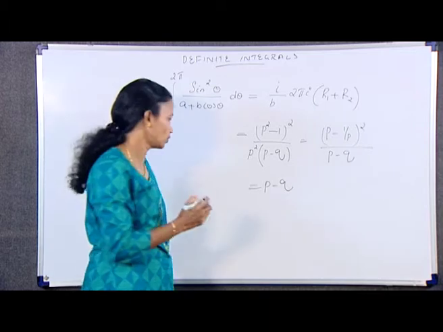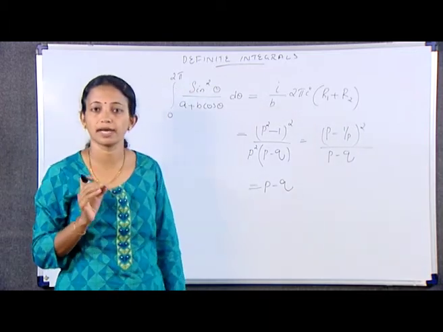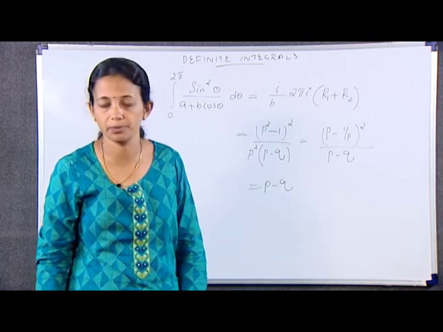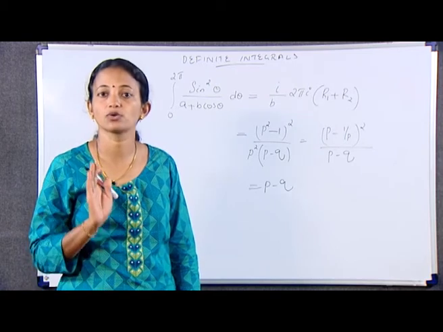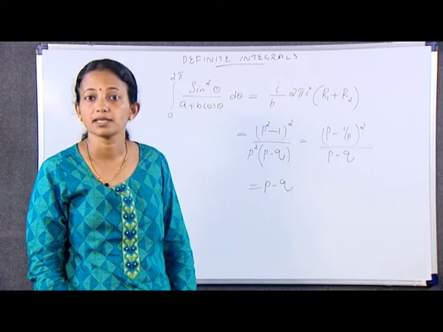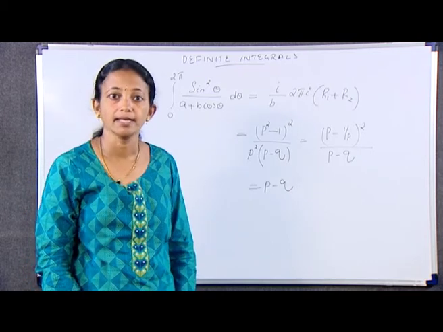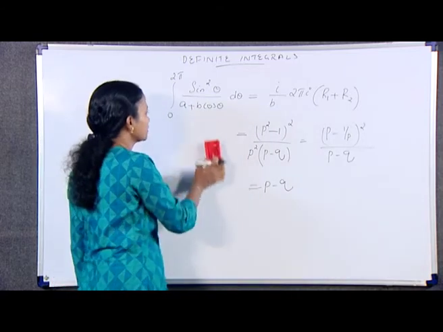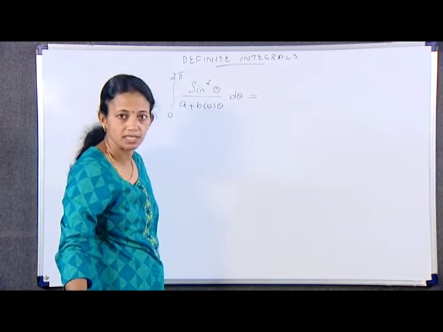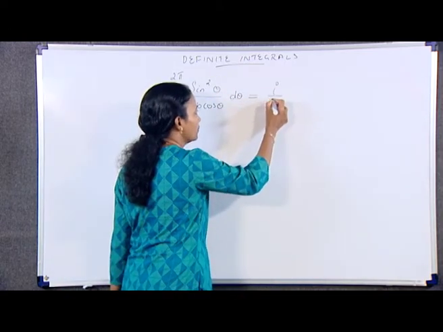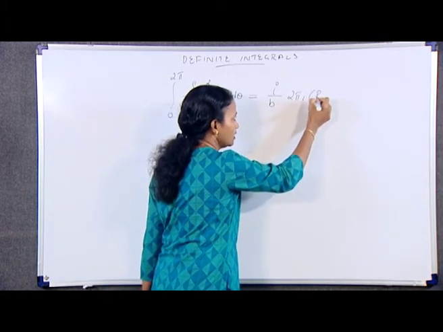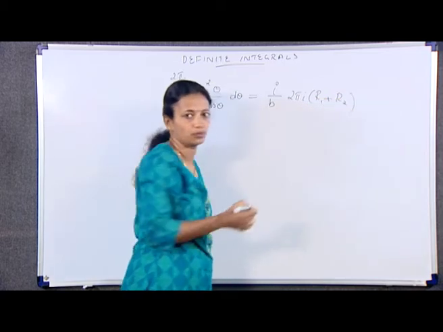The value is equal to p minus q, that is, square root of (p minus q) whole square minus 4pq, which is equal to square root of 4a square by b square minus 4. The value is equal to 2 by b square root of a square minus b square. Hence, the required integral is given by integral 0 to 2 pi sin square theta by (a plus b cos theta) d theta is equal to i by b into 2 pi i into (R1 plus R2).